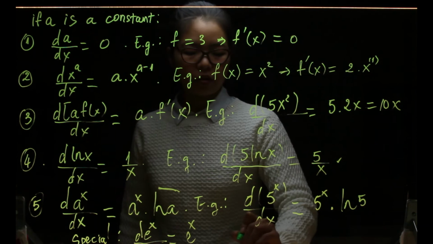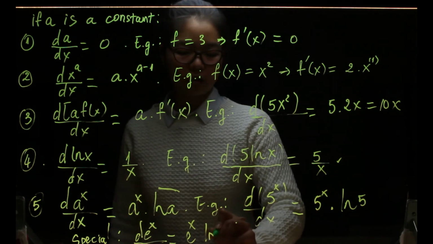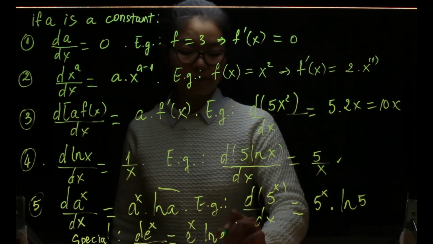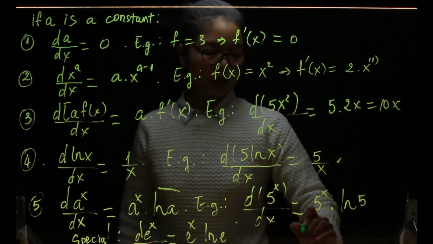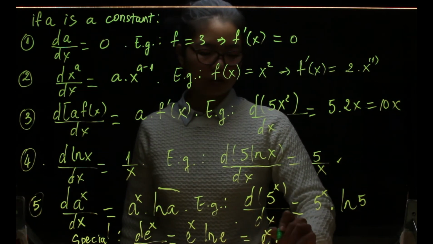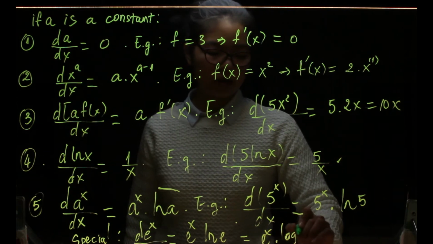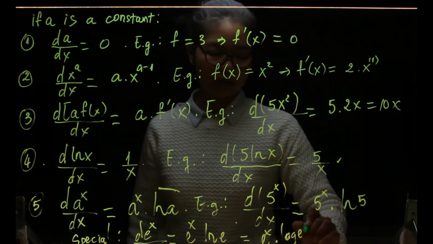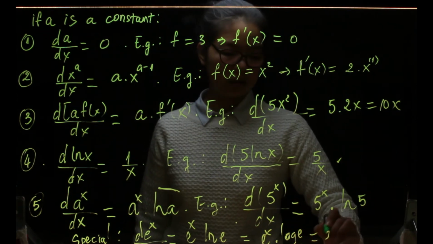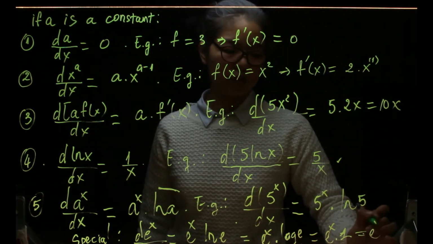So we have the natural log of e here, of course, but you know the natural log of e, which is the log of e with the base also e itself, and that is 1. So at the end the result will be e to the power of x. Next rule.